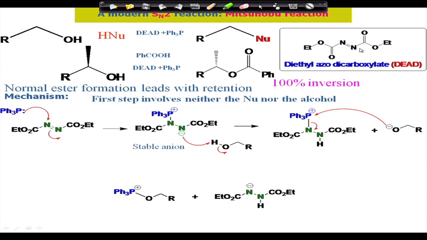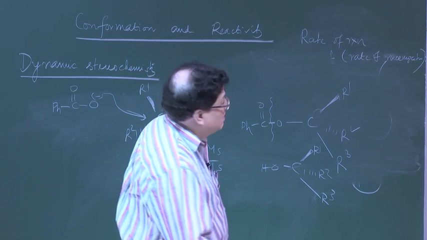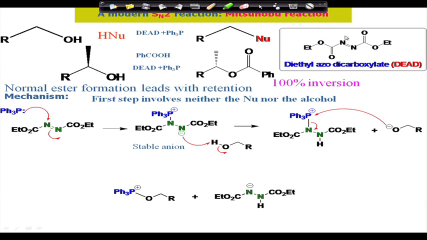Normally you convert the OH into mesylate or tosylate. Instead, you can use a compound called diethyl azodicarboxylate, abbreviated DEAD, and triphenylphosphine as another compound. You add these two along with the alcohol plus the benzoic acid.